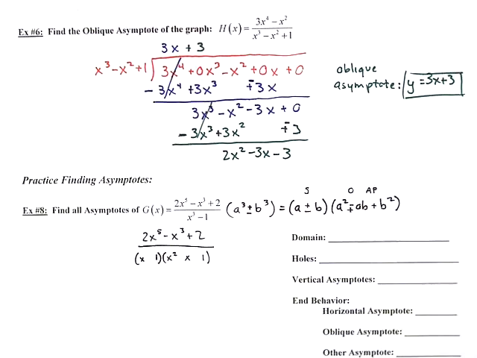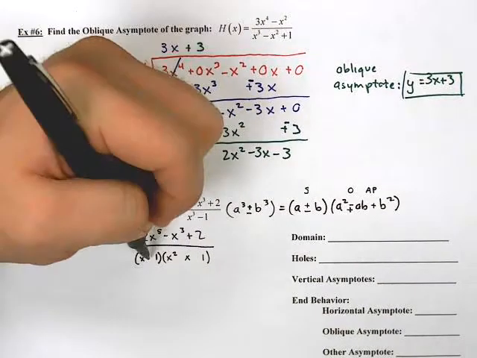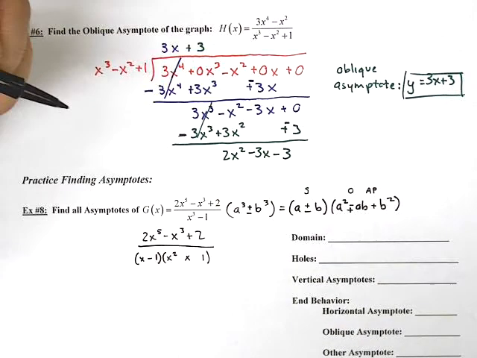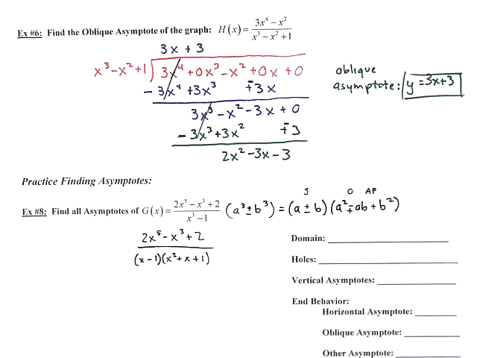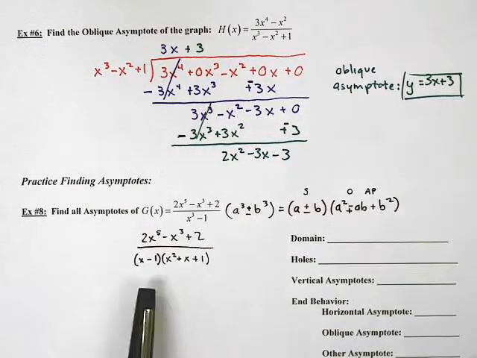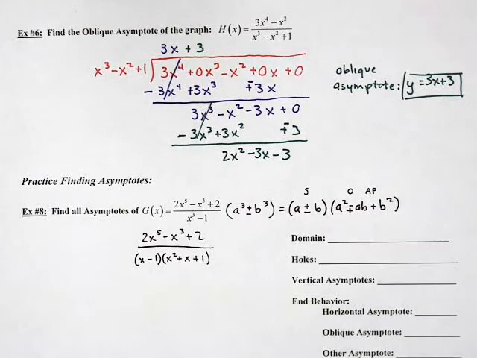So the only thing I have to do now is take into consideration the sign. My original was a minus, so it's minus, or the same, and then it's the opposite, and then it's always positive. Now the reason that we do this is because we need to see if there are any pieces in the bottom that we can find a restriction for.